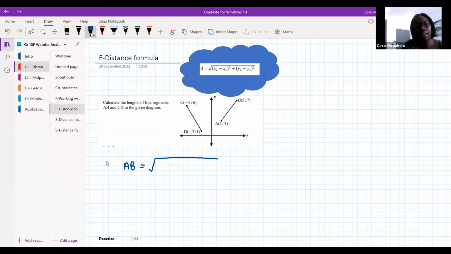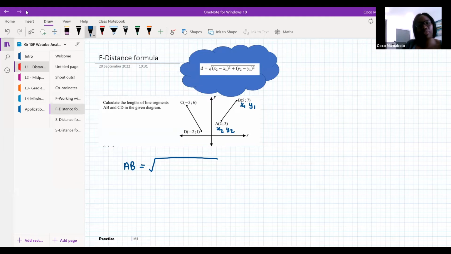And I would take the X value. Okay, so I'm going to choose which one is which. I'm going to say that this one is x1 and this one is y1. I'm going to call 5 x1 and 7 y1, and I'll call 2 over here x2 and 3 y2.